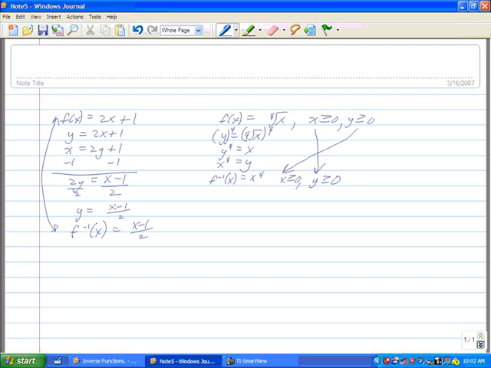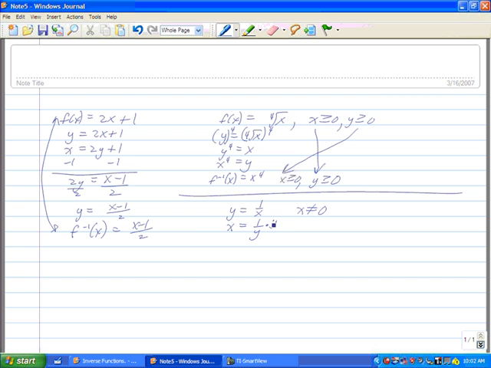Now, oddly enough, some functions are their own inverse. For example, if I have y equaling 1 over x, I have to make the statement x can't be 0, for obvious reasons. Trade places, and I get x equaling 1 over y.